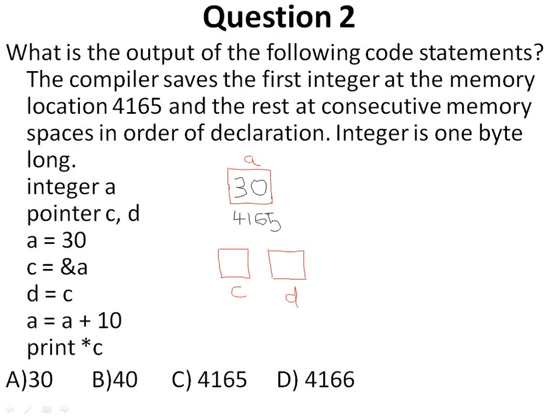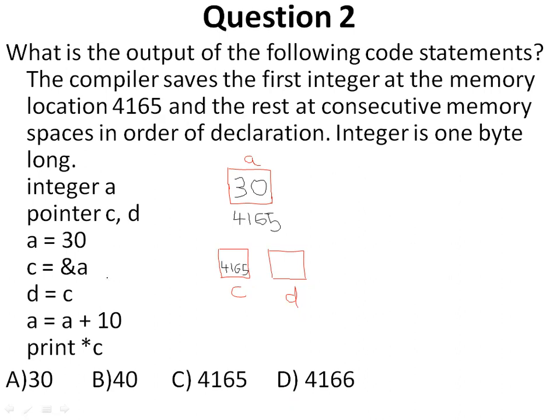So A is stored at address 4165, and A contains the value 30. When we say C is equal to the address of A, the address of A is 4165, and that 4165 will be stored in C.